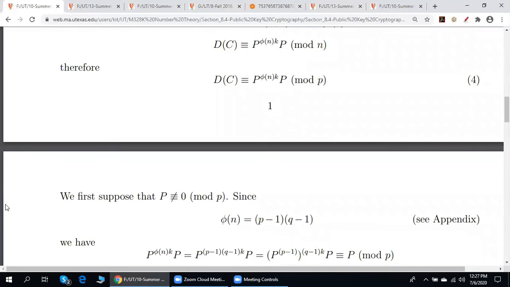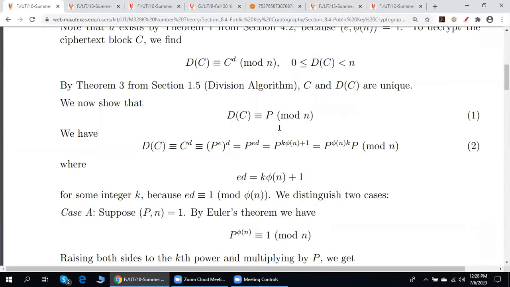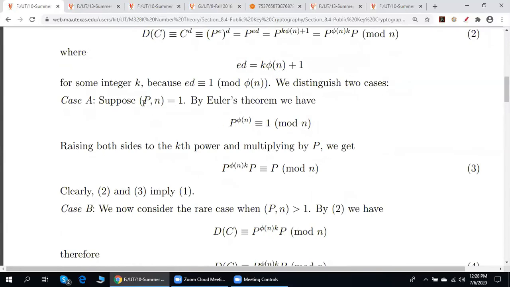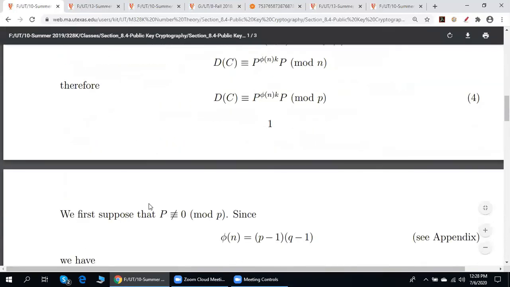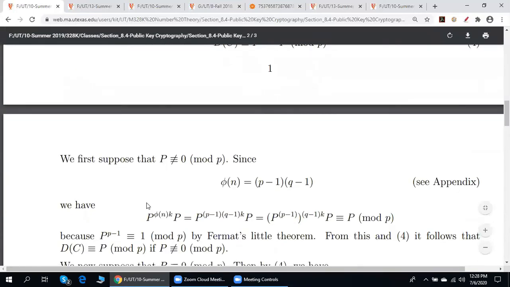Next. Now let us consider two cases again. So once again, in order to prove that this is congruent to this, we consider two cases, case 1 and case 2. Now let us split this case, case B, into two sub-cases.